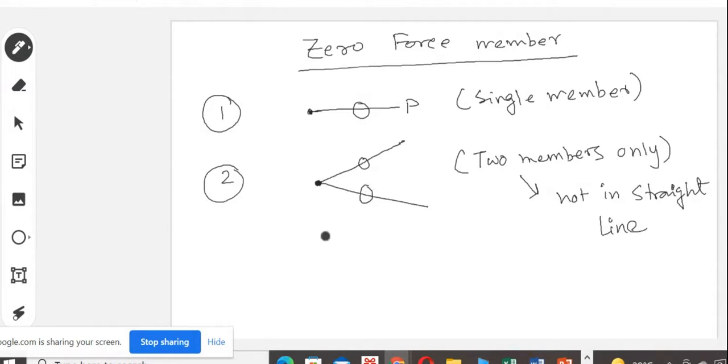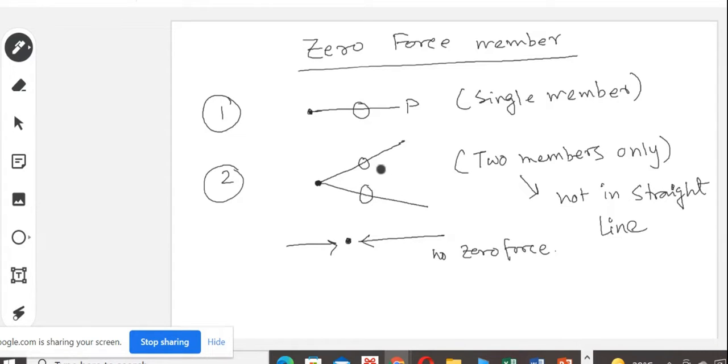But this should be tensile, sir. If one is tensile and one is compressive... Yes, it won't happen. That's why the condition is not in a straight line. Means it may happen, say this is one joint, this is like this, then it will not be a zero force member.